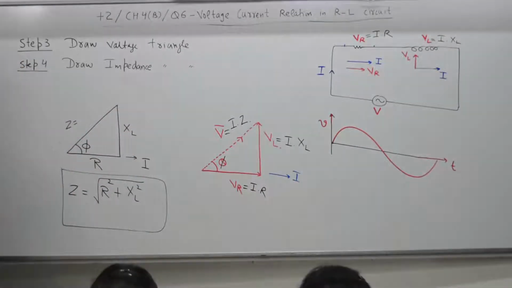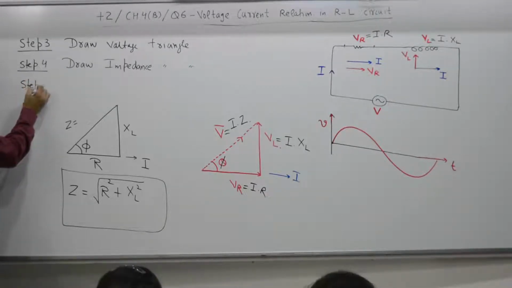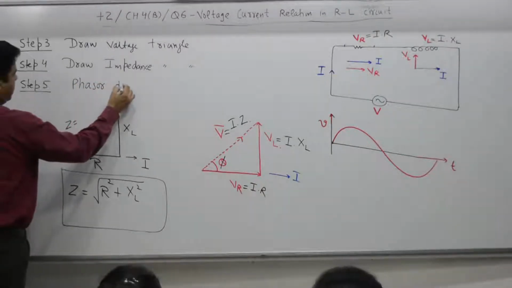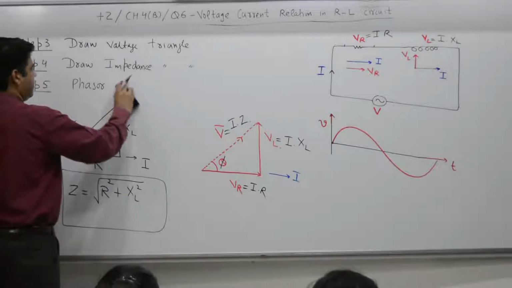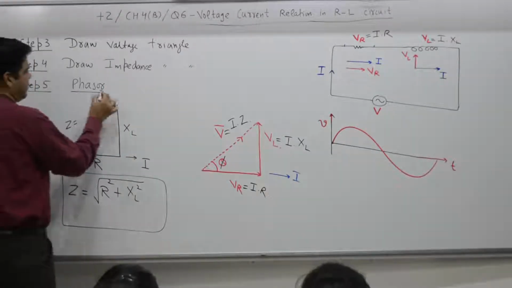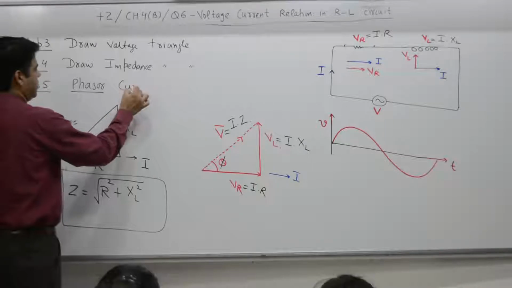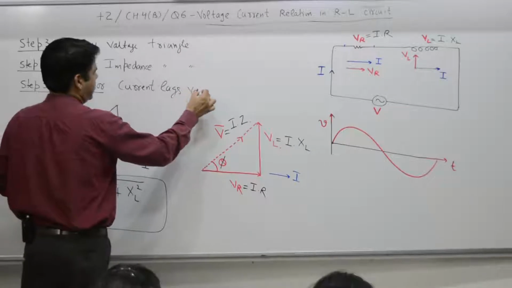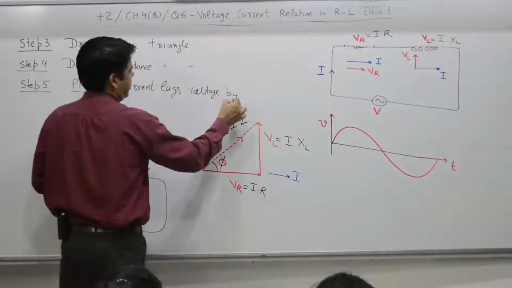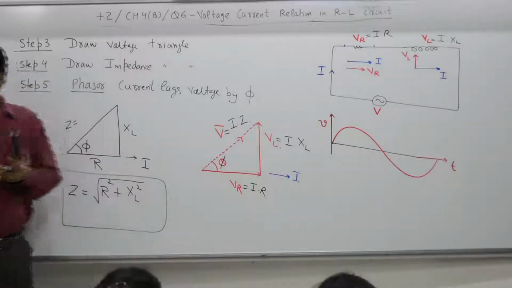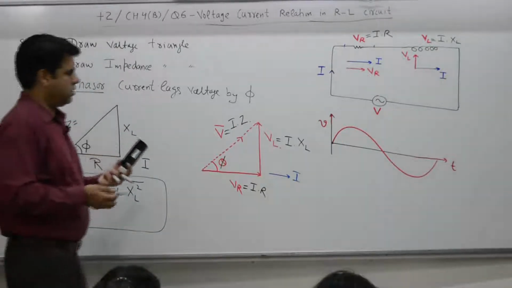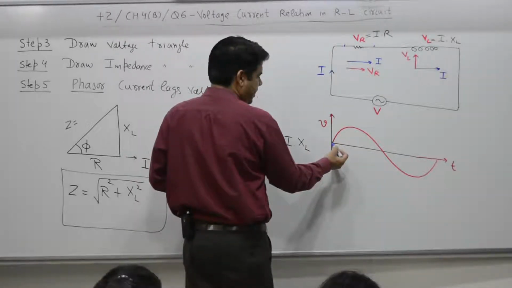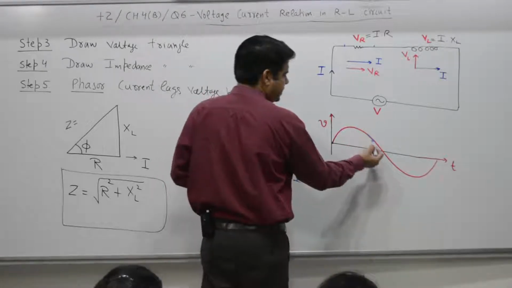Step number 5 is what? Phasor diagram. Phasor, that means wave shape. Current lags voltage by phase angle phi. Voltage was given to you here. Current, if I start from here, then current is in phase with the voltage.